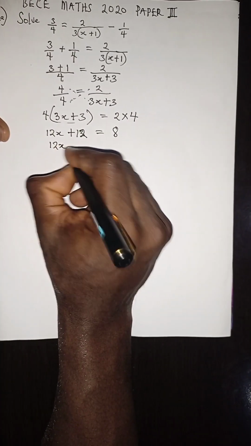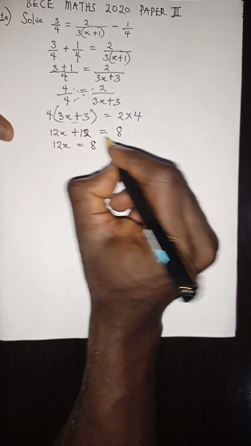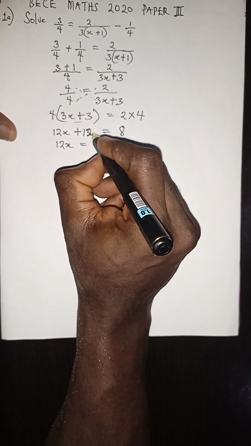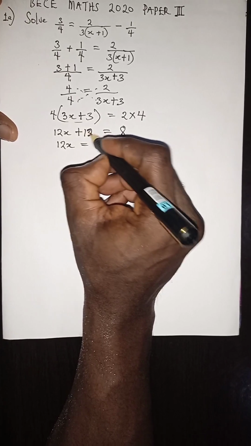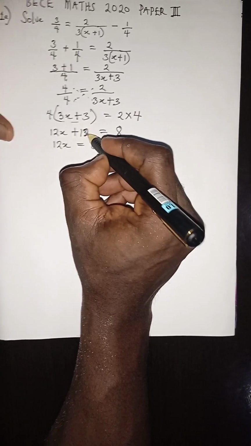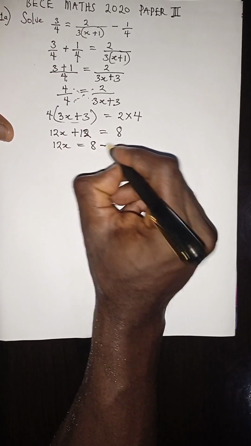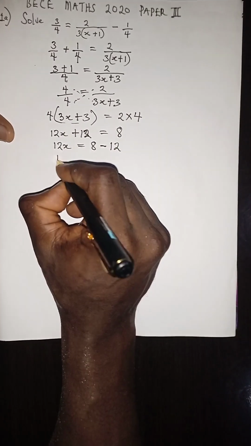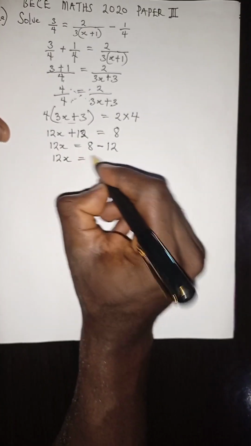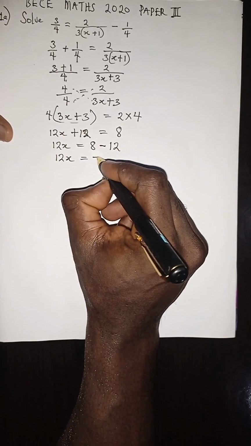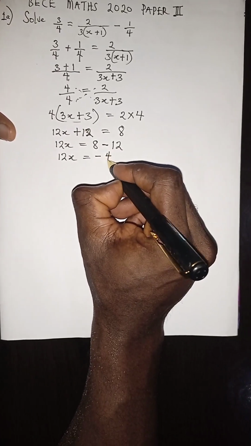So 12x equals 8. Now we're still going to be collecting like terms because this is not carrying the unknown x. So it crosses to the other side to meet it. Since it's a positive number, it becomes negative. Then we have 12x equals 8 minus 12, which is minus 4.